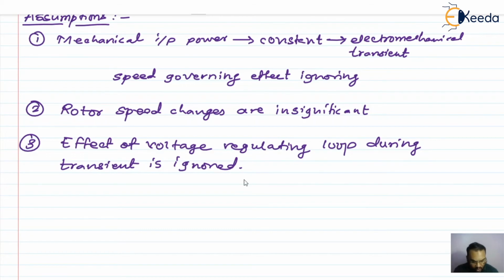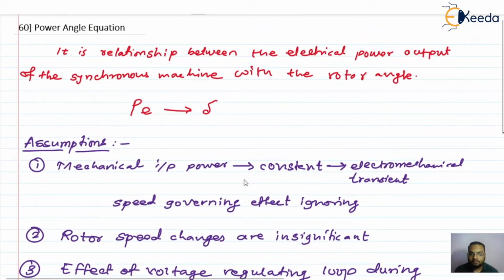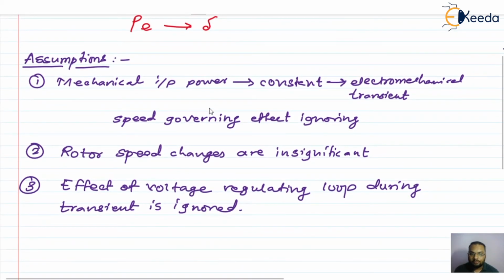Okay, so with the help of these assumptions we are going to get the relationship between this electrical power output and this rotor angle. Before we actually get the relationship of these two, we have to get the simplified model for our synchronous machine on which we are going to obtain that power angle equation.